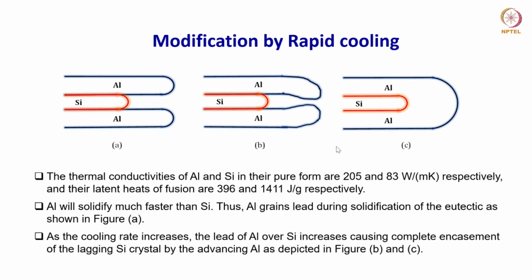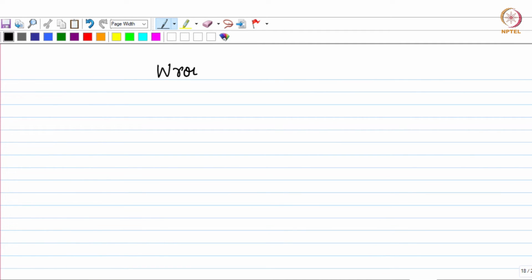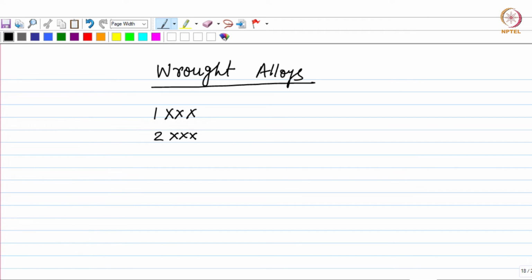Okay, so now let us go back to the other aluminium alloys. In the other category we have the wrought alloys. And here we have seen that we have these alloys which start with a digit followed by another 3 digits.